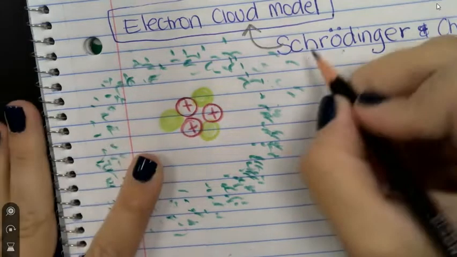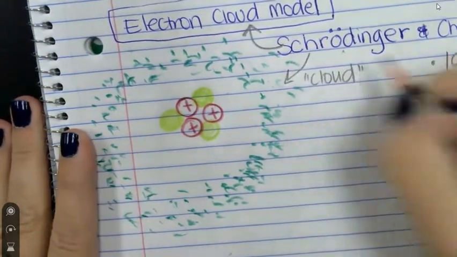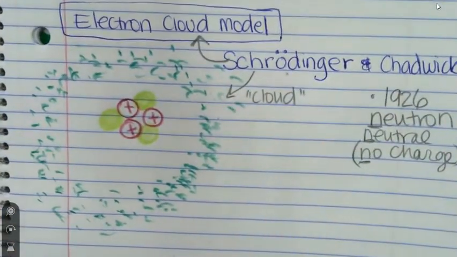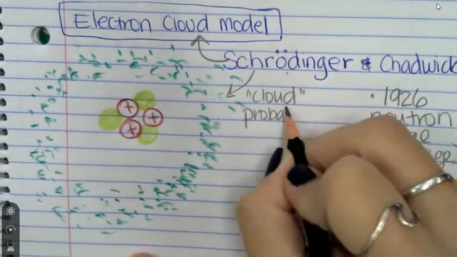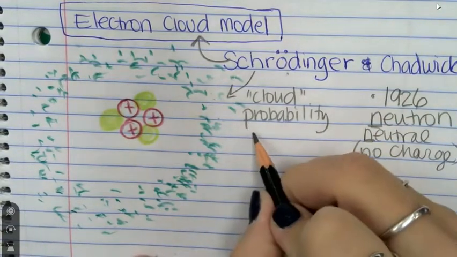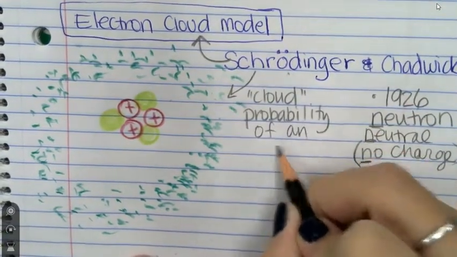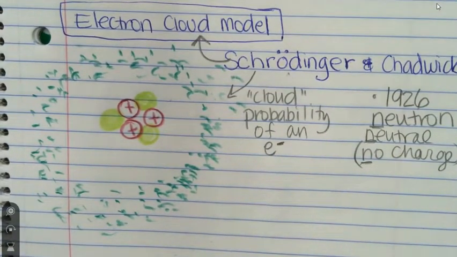Whew. So Schrödinger came up with the cloud. He really had just a math equation. And this is just the probability of finding an electron. It's a big, weird Greek math equation.